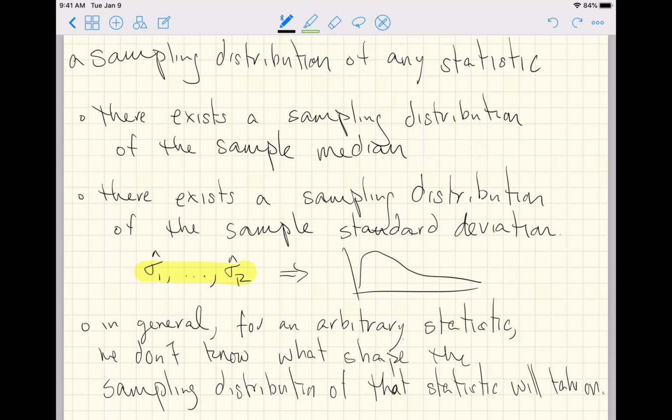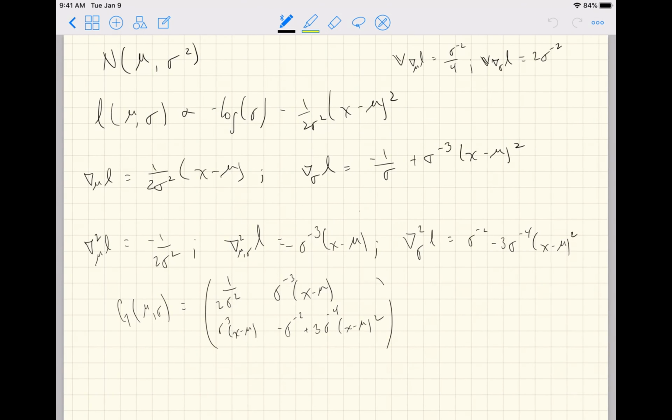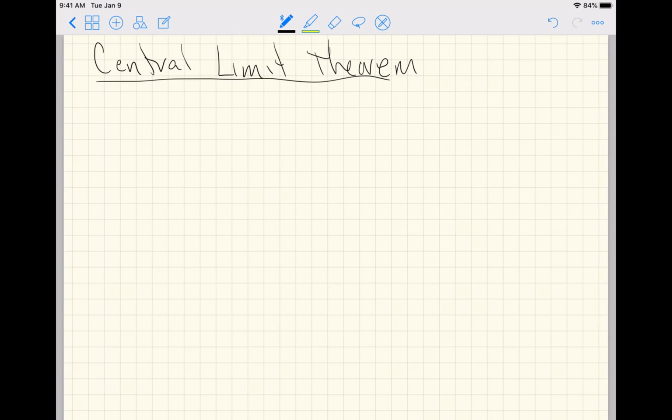And if each of you calculated your own statistic, that collection of statistics will have a shape, but we don't necessarily know what shape it is. There is in general only one scenario where we understand well what shape the sampling distribution will take on.